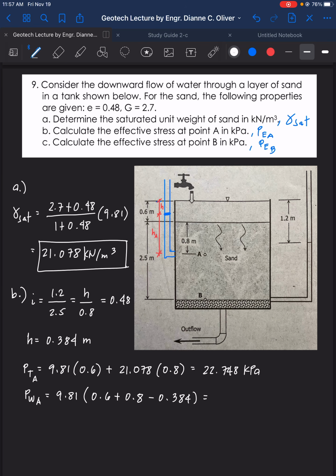So P water at point A is 9.81 times (0.6 plus 0.8 minus 0.384), so that is 9.967 kilopascal. So P effective A is now equal to P total minus P water, that is 22.749 minus 9.967, equal to 12.78 kilopascal.